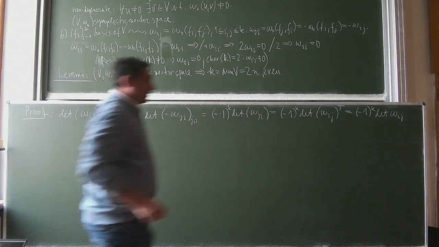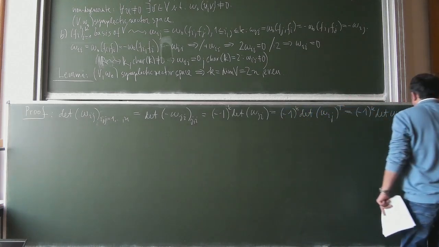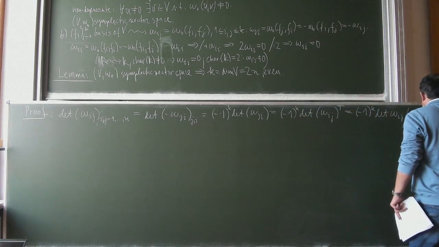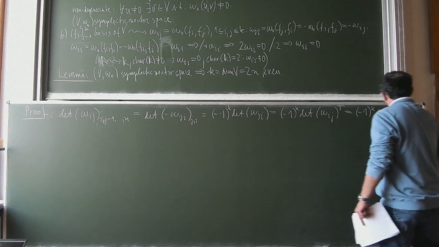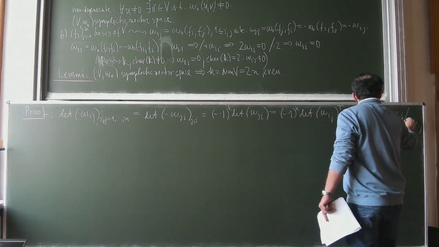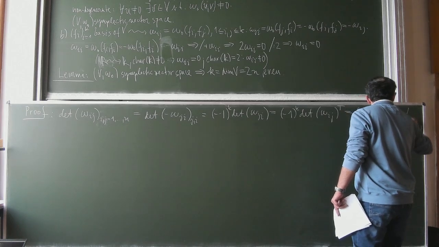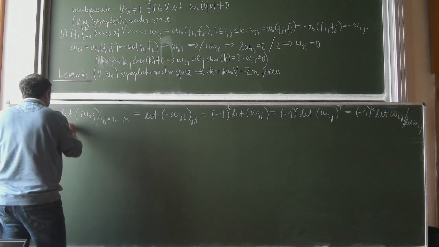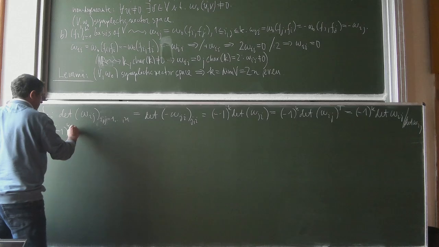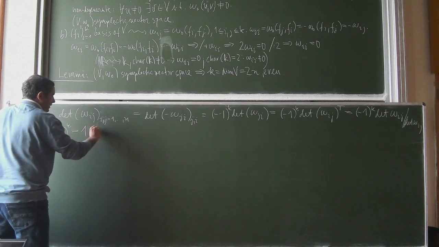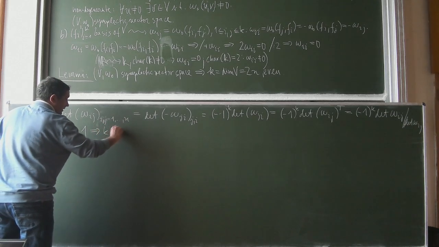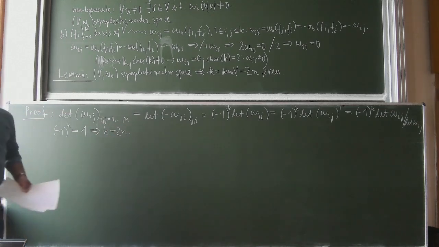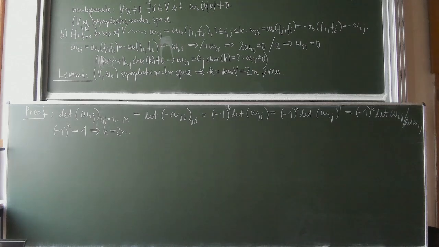So we can divide this equation by the determinant of omega ij, getting that minus 1 to the power k is 1, which implies that k is 2n. Is it correct? Okay.